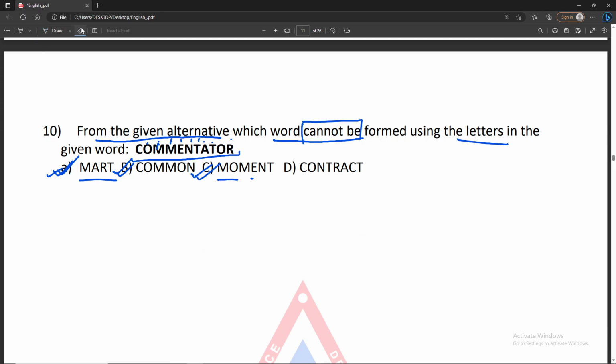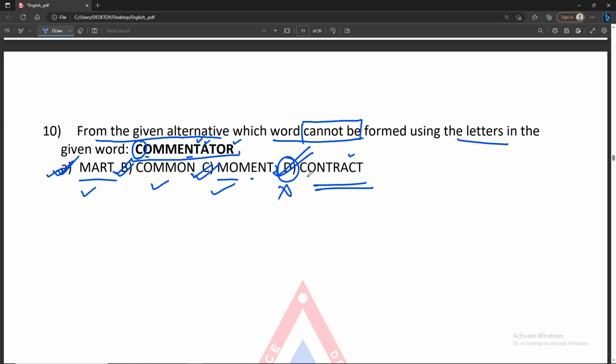Next. Last we have, if all the three words can be written, that means automatically D cannot be written. So the answer should be D. But why it cannot be written? We can see C-O-N, we have C, we have O, we have N, we have T, we have R, we have A, but we cannot have another C because there is only one C in commentator.